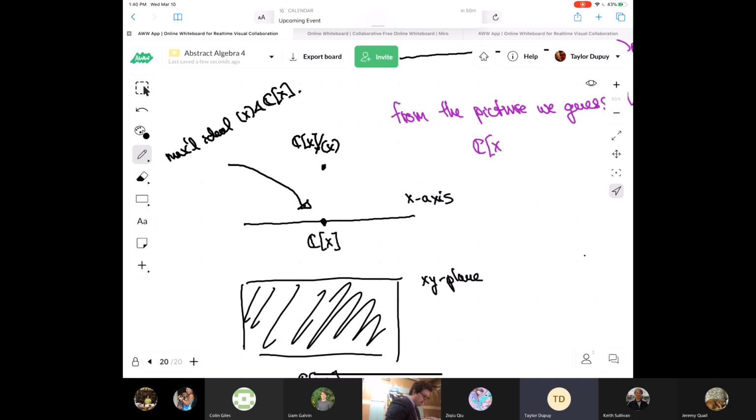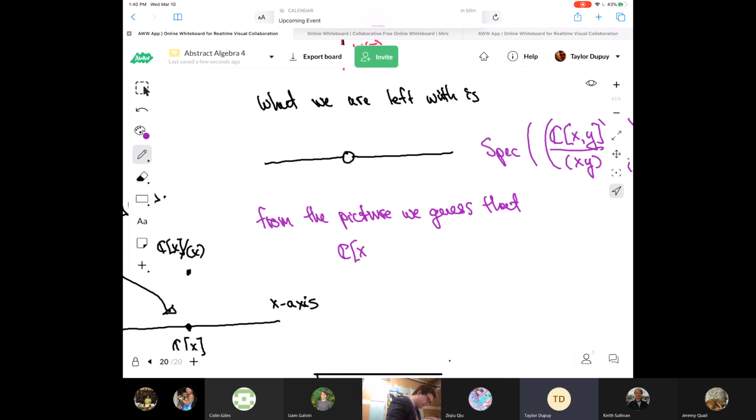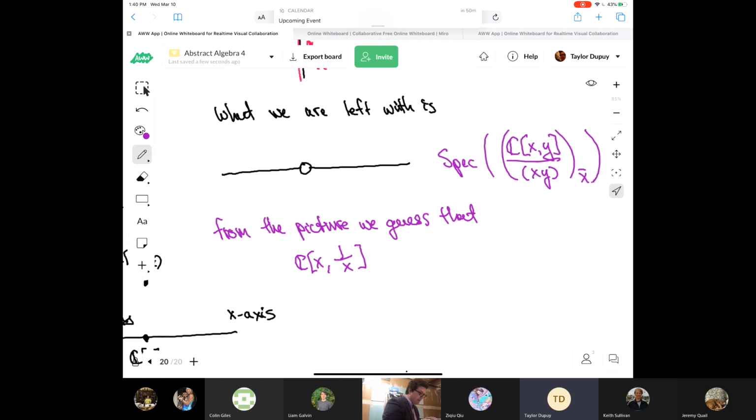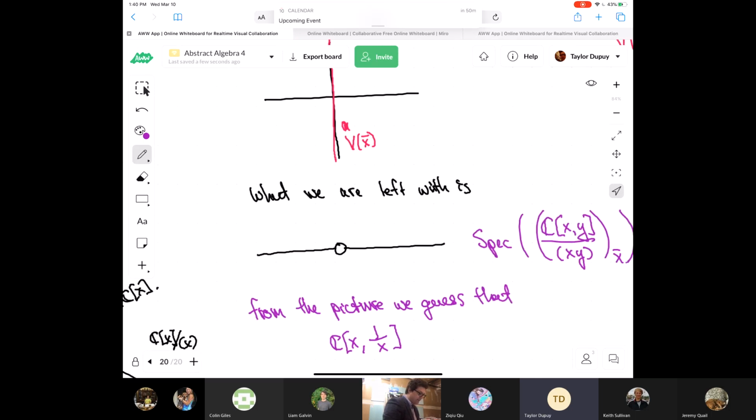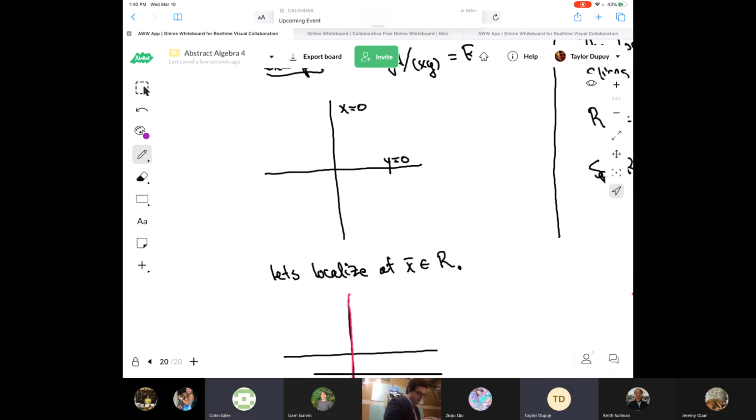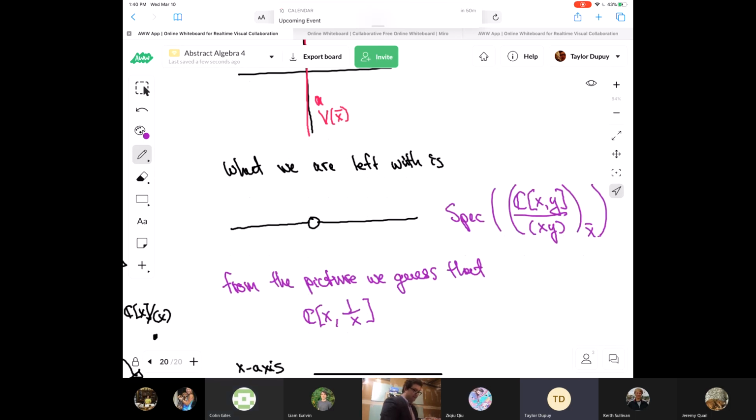So if I wanted to remove this point, I could just localize at x. Do you guys agree? Yes. So we expect this picture to be C[x] localized, with 1 over x. But I didn't do any computations yet; all I did was doodle. Taylor, I did this computation without even doing any algebra.